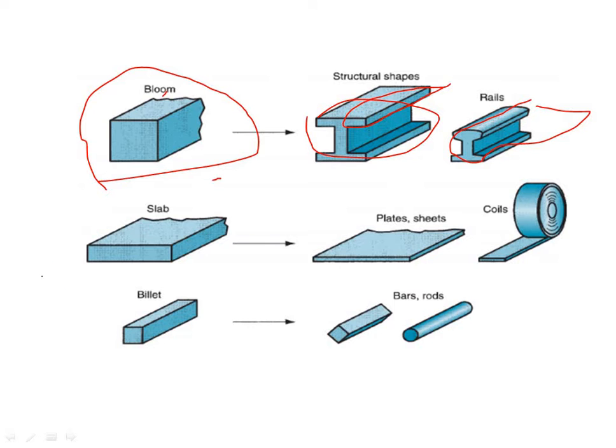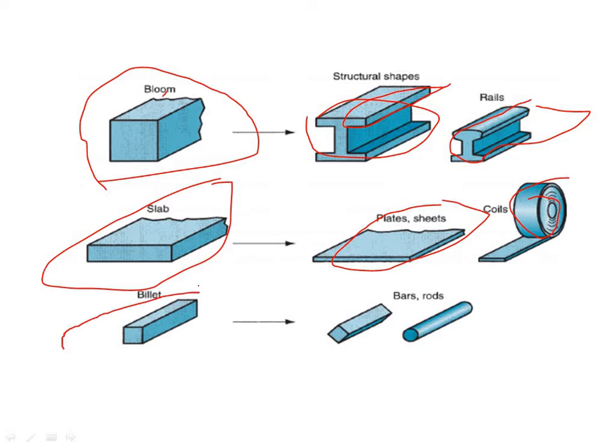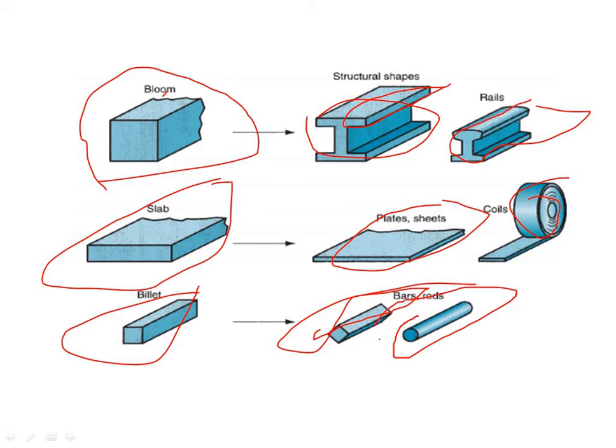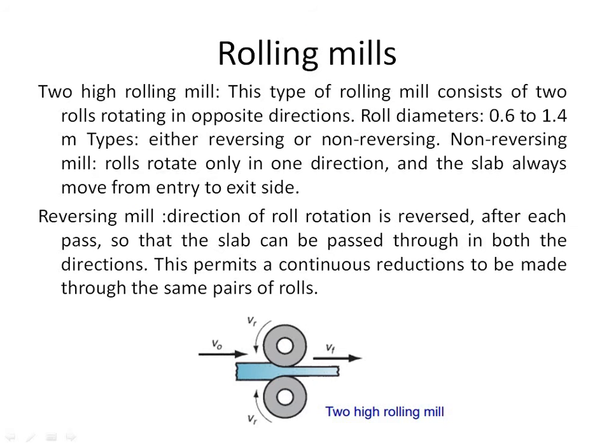And the slab will be of this kind, and plate sheets will be in this shape, and coils will be rolled. And these are the billets, and these are the bars, and these are the rods. Okay. So next we will be discussing rolling mills.